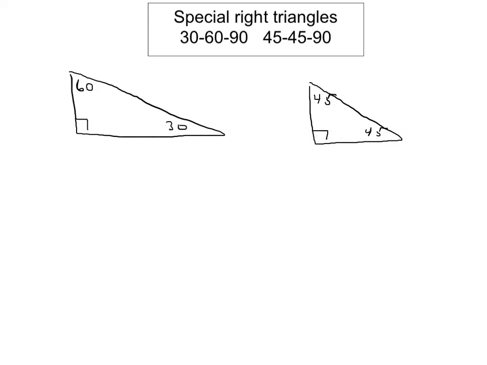And these sides are in a very special relationship, and I'll label them for you. So hopefully this looks familiar, and this is the relationship of the sides in a 30, 60, 90 triangle and in a 45, 45, 90 triangle. What we'll do is we'll simply use these and learn what the cosine, sine, and tan are for these very special angles.